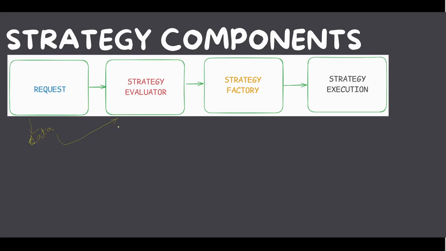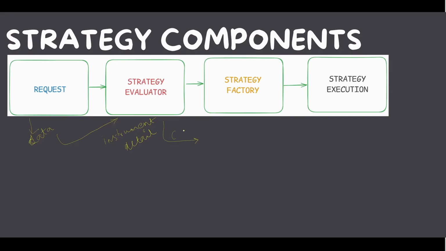The strategy evaluator uses this request data to decide what strategy is required to achieve a response out of this request. In our case, this data can contain instrument detail, and based on this, the evaluator will give us a response.